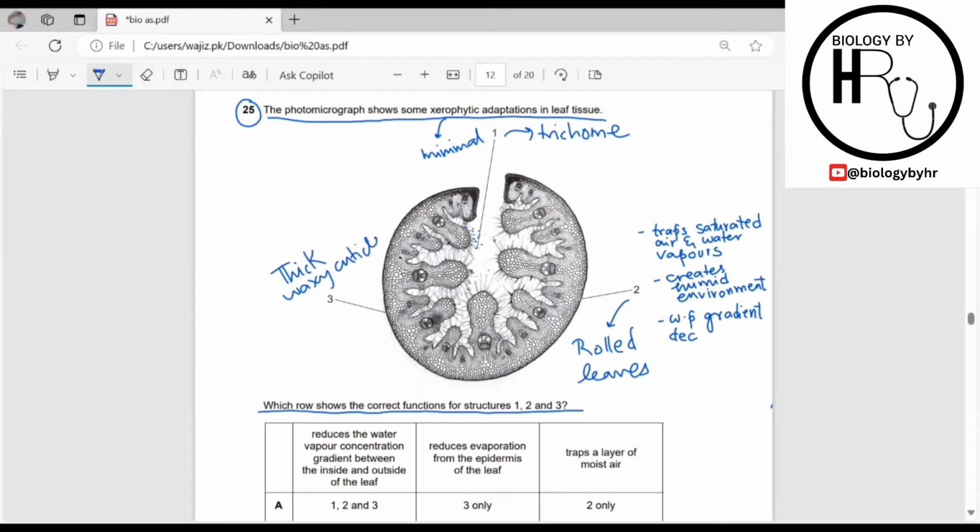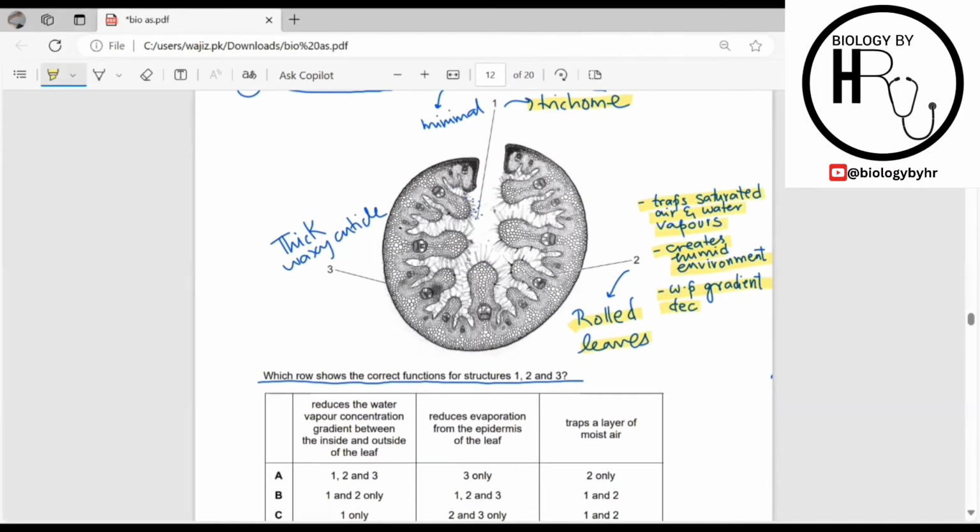Now, if we begin with the function of the trichomes and the rolled leaves, we know that they are adapted in a way that they trap saturated air and water vapors within them. Because of this, it creates a humid environment around the stomata of the leaves, due to which the water potential gradient between the intercellular air spaces and the atmospheric air decreases.